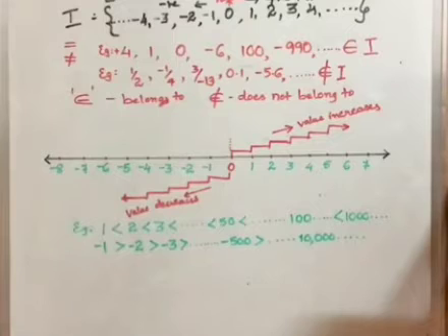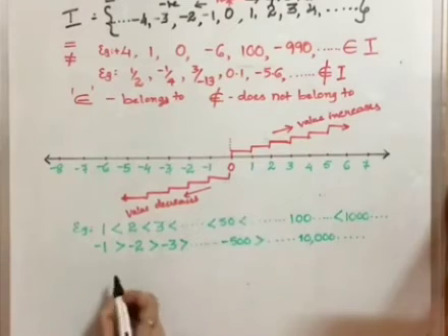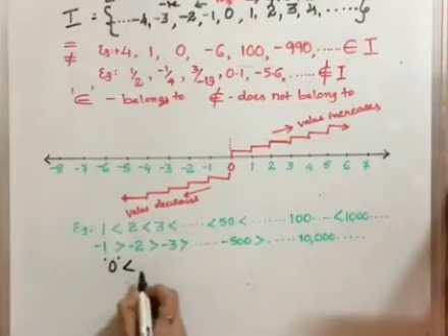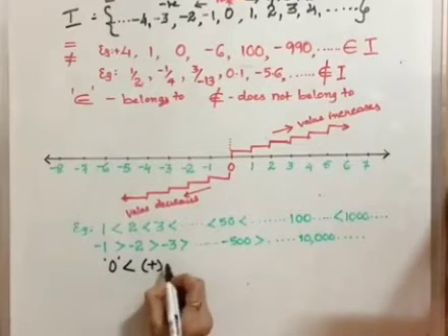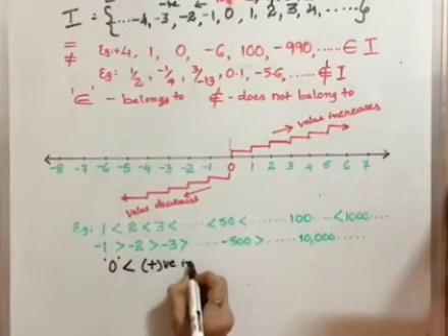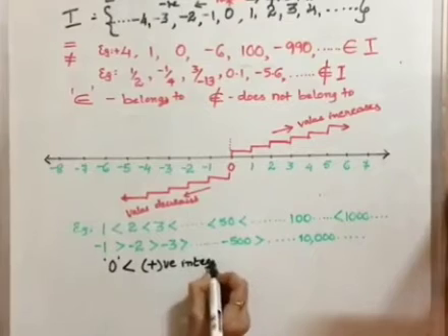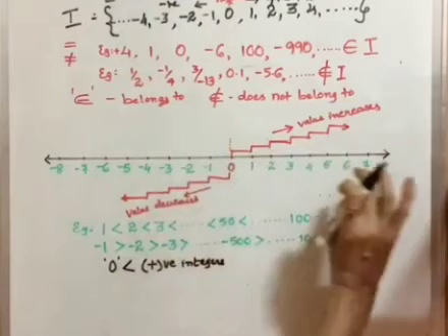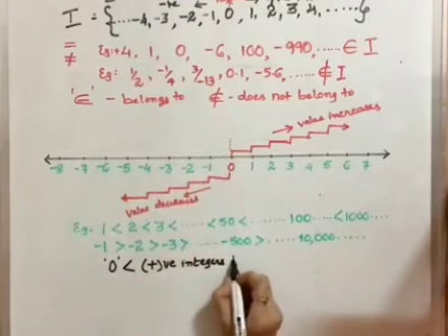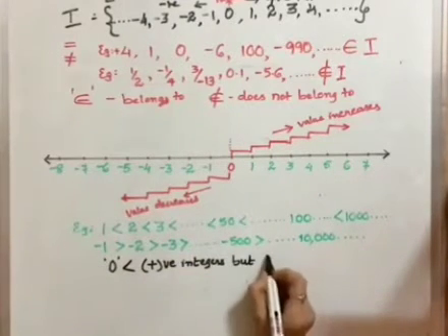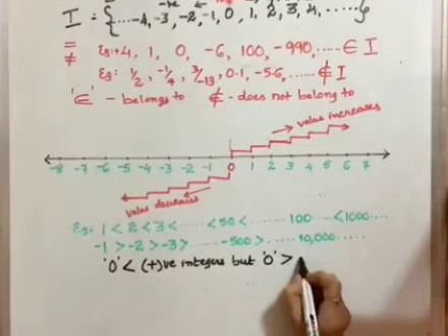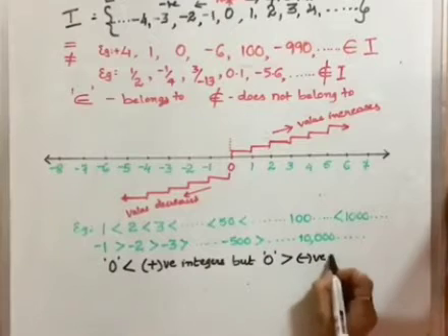Then what about 0? 0, children, is smaller than all the positive integers. I repeat, 0 is less than all the positive integers, but 0 is greater than all the negative integers.